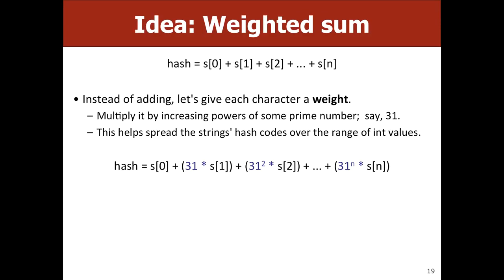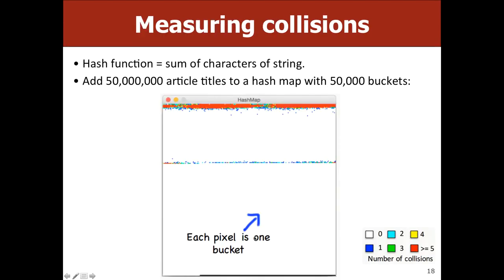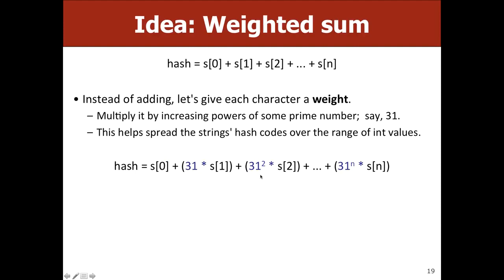So, okay. What if we try to solve that anagrams problem and also try to get a better distribution to fill in some of this white by having this weighted sum? So the idea is, let's have each position of the string, that character value, multiplied by a power of a prime number, just to get better distribution.